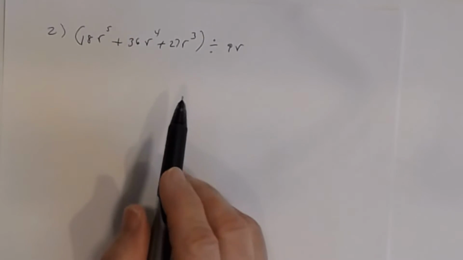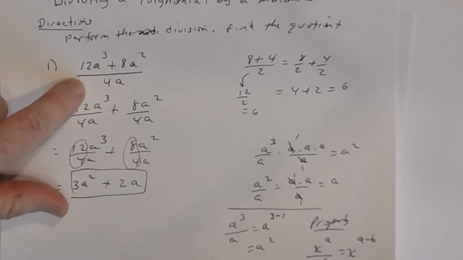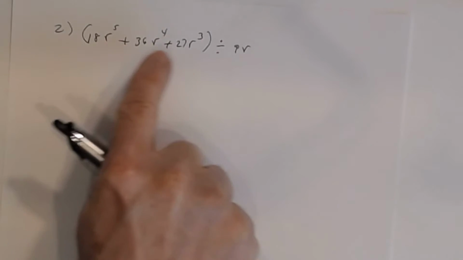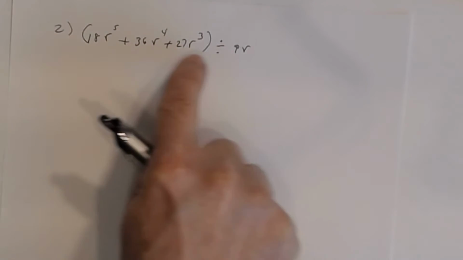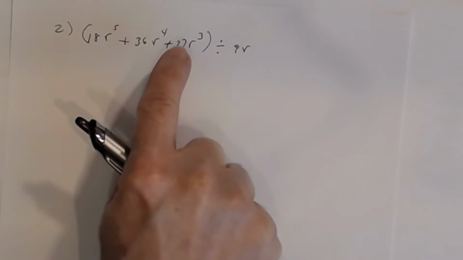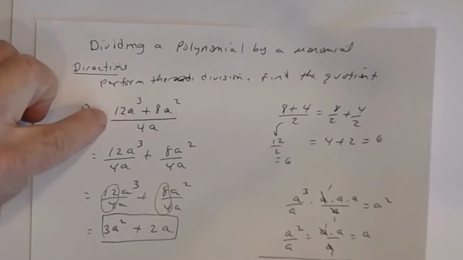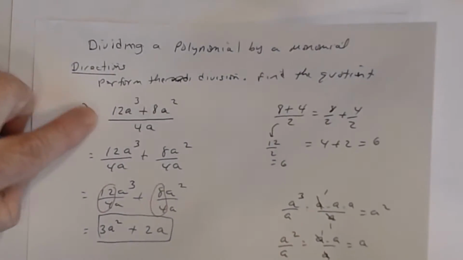Now you may say, well, that looks totally different than something like we had here. Well, it's the same thing. It's just that this is written horizontally. So what you want to do is take this and write it like this.